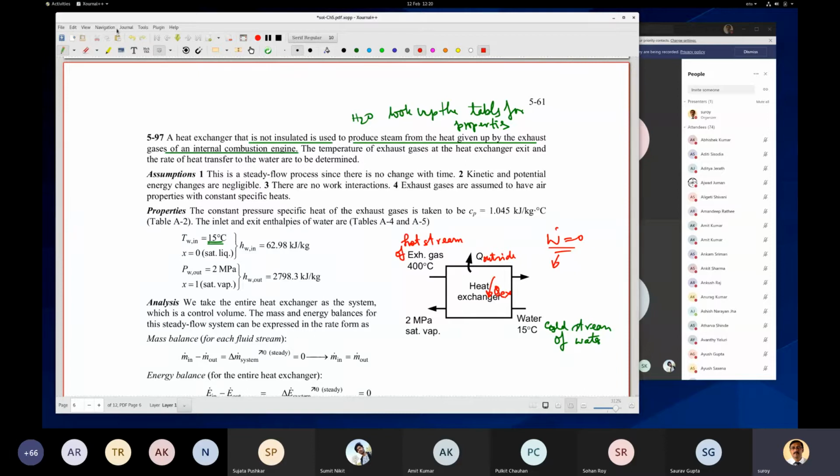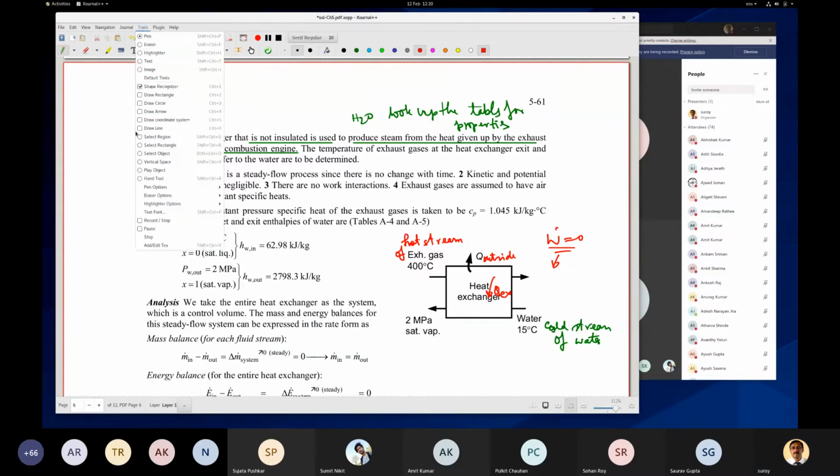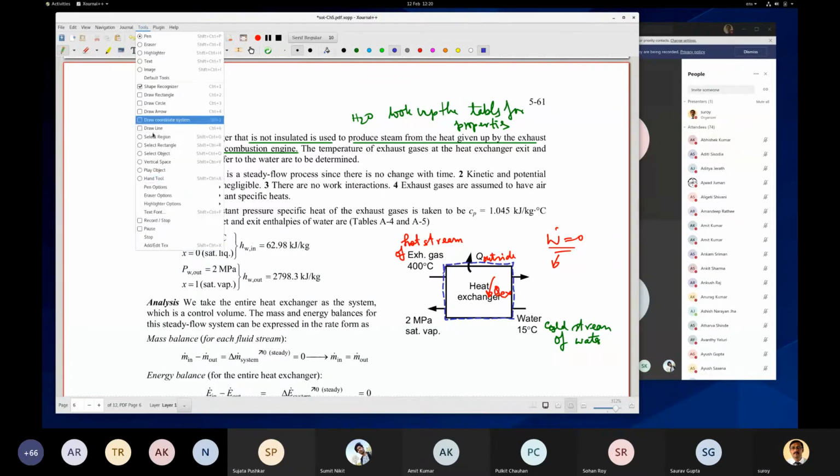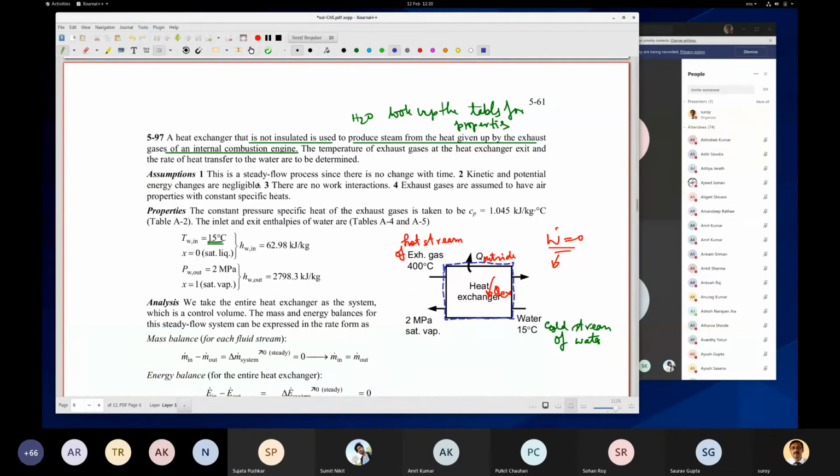But if we take our control volume, this is our control volume.